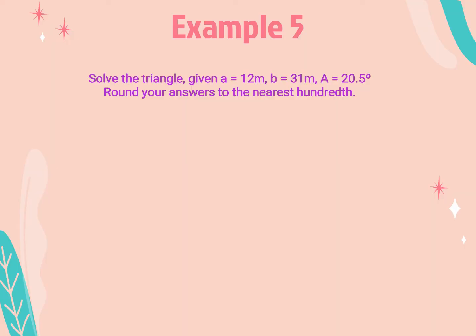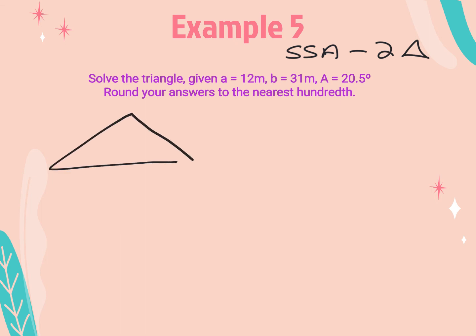This one's still the side-side-angle. And it's going to be two triangles that are going to form from this one. So again, I'm going to give myself a visual. ABC. I'm given angle A to be 20.5.